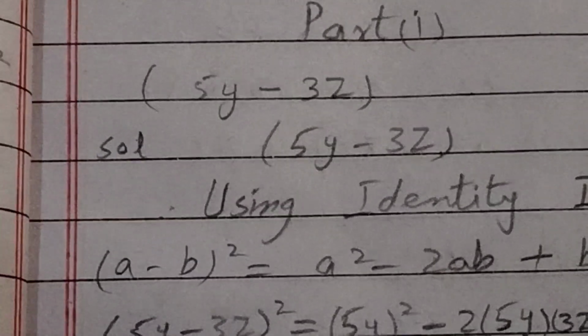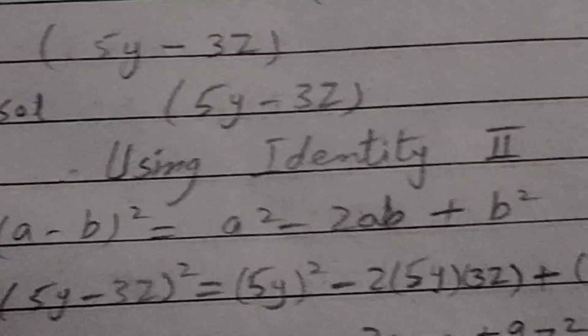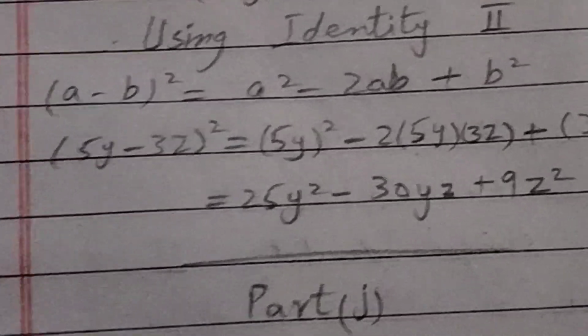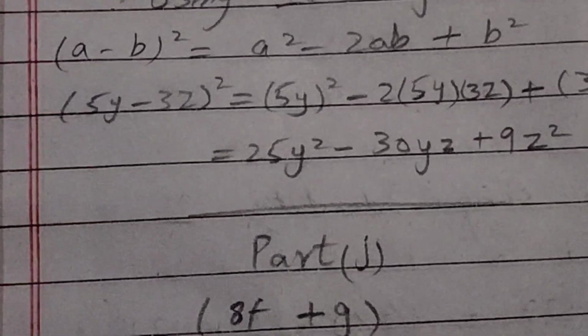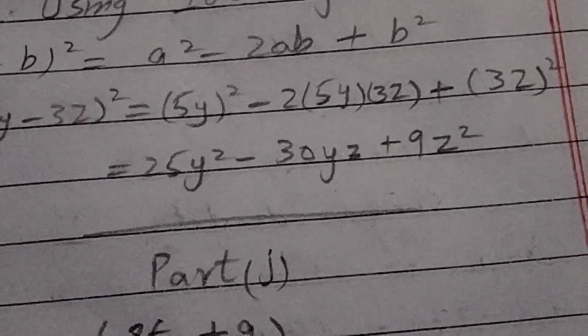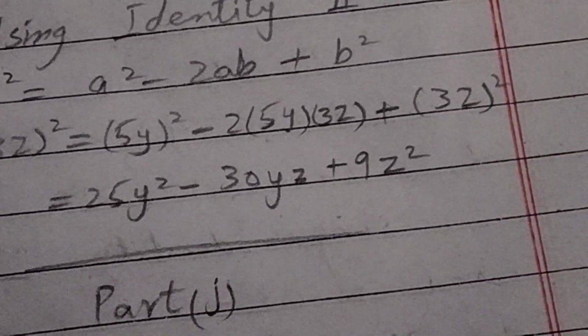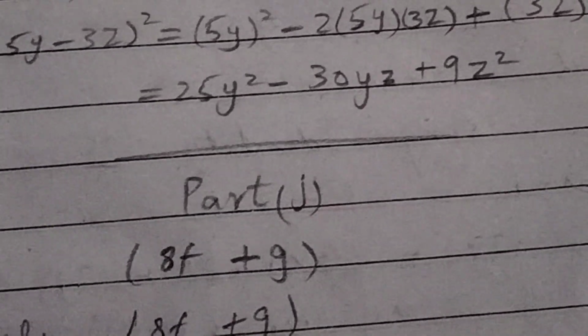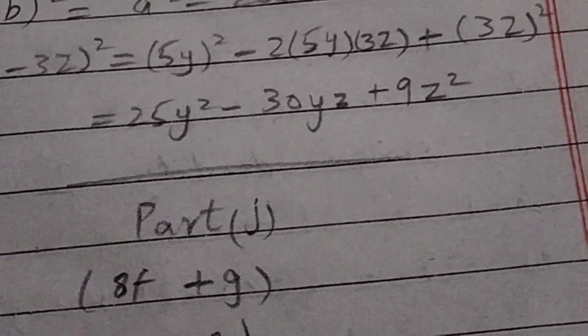Part number I, 5y minus 3z, using identity number 2, 5y minus 3z whole square is equal to 5y square minus 2 times 5y, first value, and second value 3z, plus 3z whole square. 25y square, 25 is the square of 5, minus 30yz plus 9z square, 9 is the square of 3.